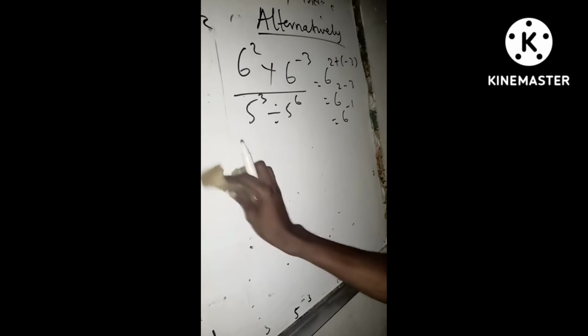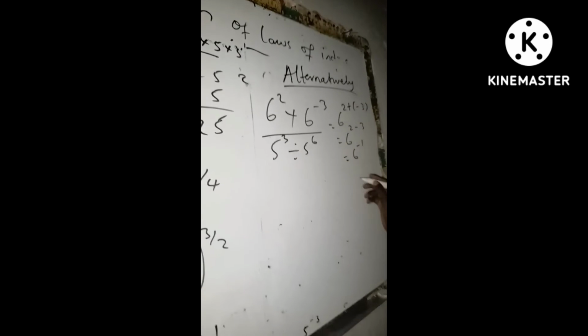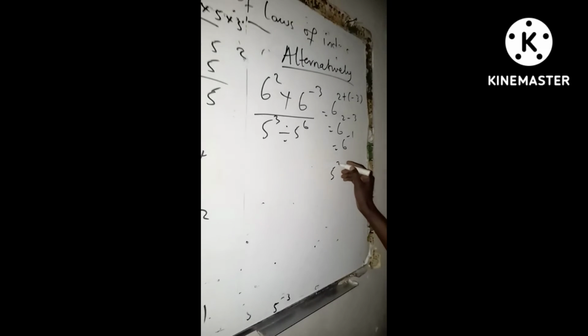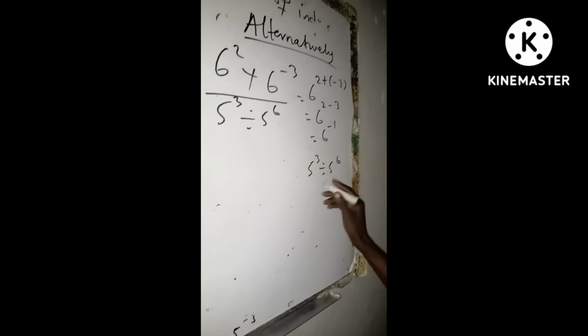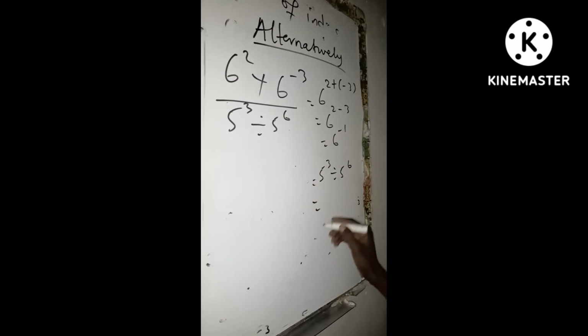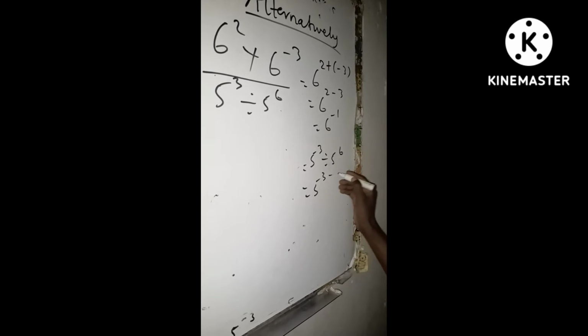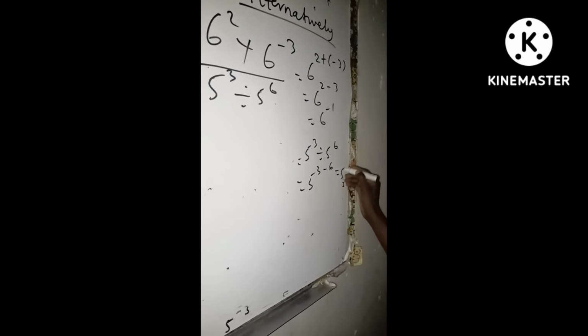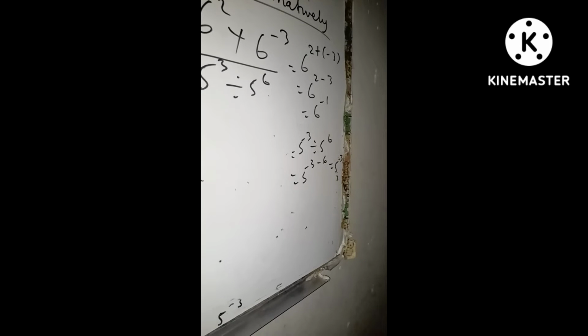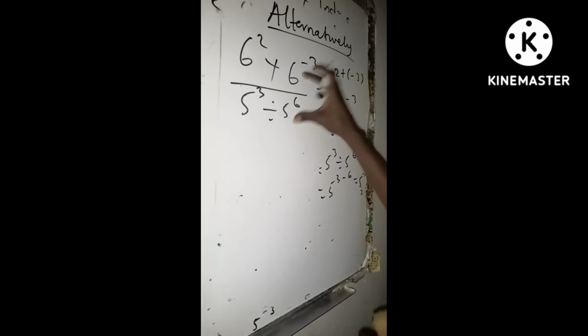Now, the denominator, 5 raised to the power 3 divided by 5 raised to the power 6, by the second law of indices, can be written as 5 raised to the power 3 minus 6. That gives you 5 raised to the power minus 3. Now, substitute this information into this.